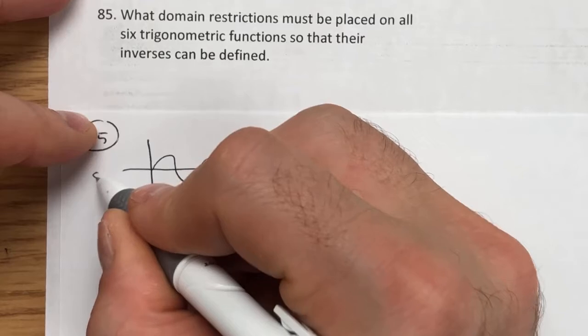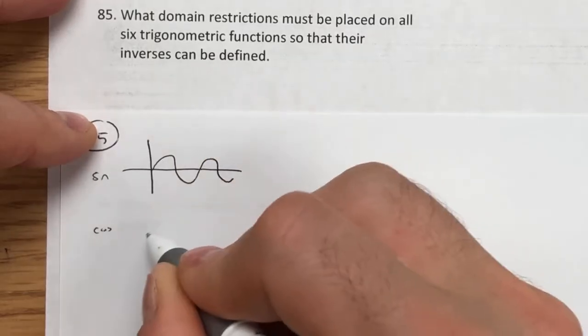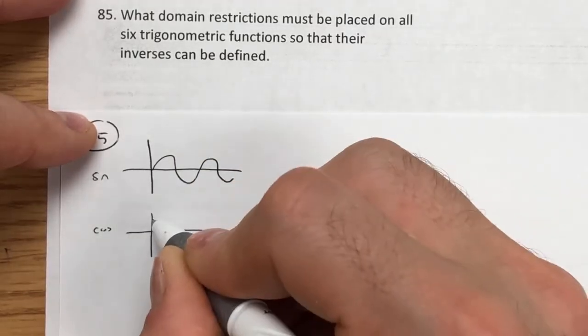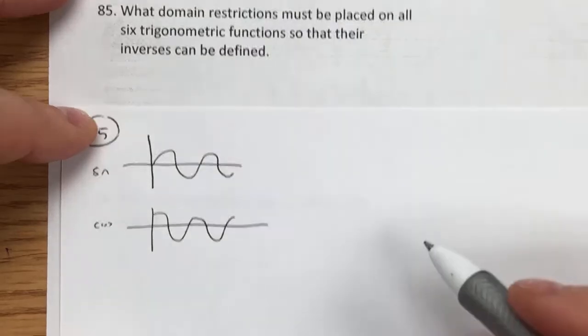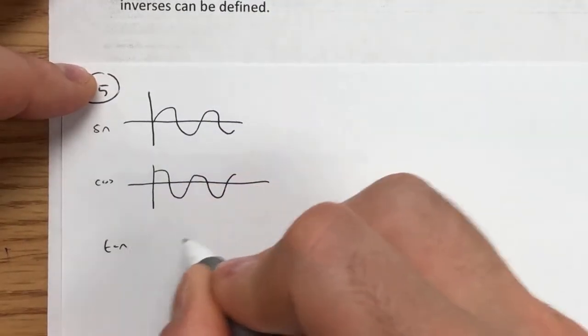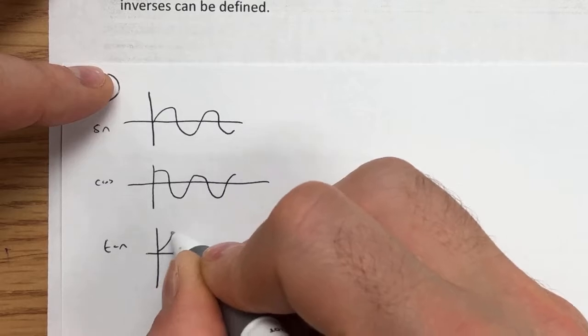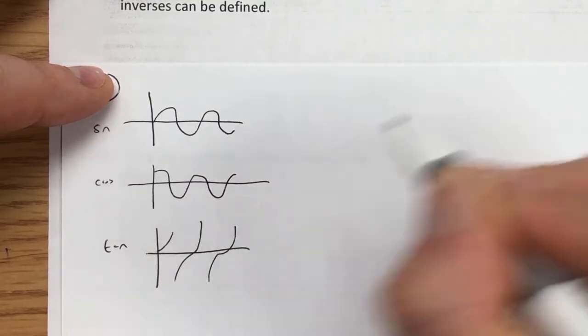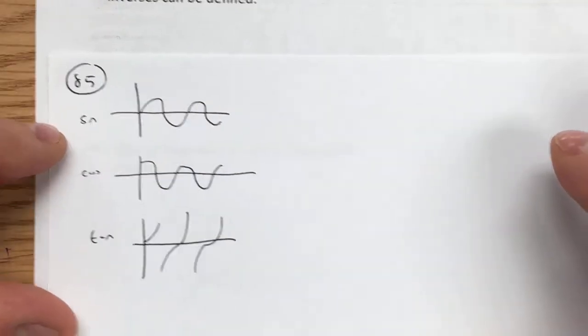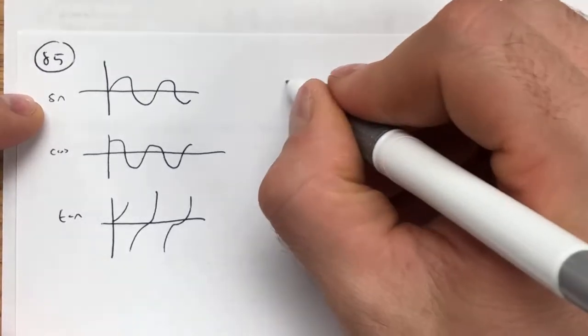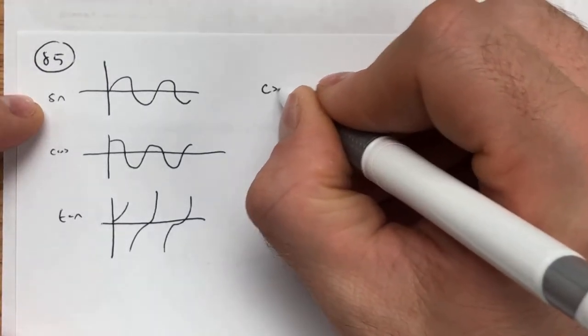starts here. So let's talk about sine, let's talk about cosine. Cosine starts up top and it does that. And we know tangent does this. If I look at their reciprocal functions, let's talk about cosecant.